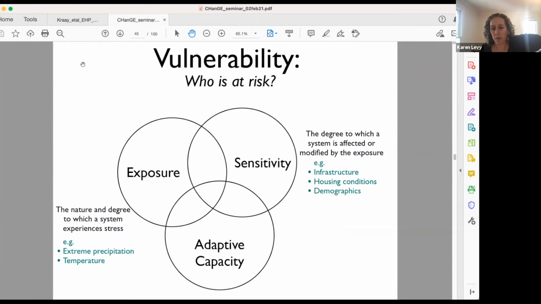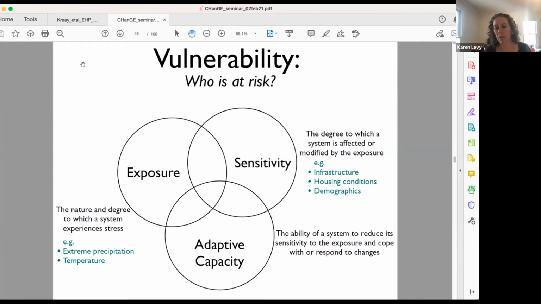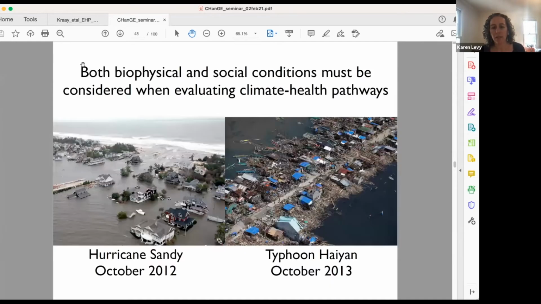Things that you can measure would be infrastructure, housing conditions, demographics, and then also the adaptive capacity of the system. That's the ability of the system to reduce its sensitivity and cope with or respond to the changes. Sometimes those can be a little bit more fuzzy, things like social capital, governance, education level of the society.